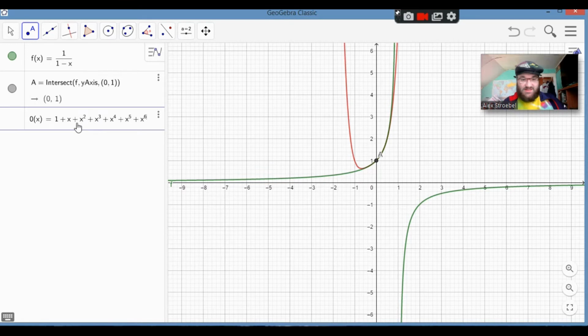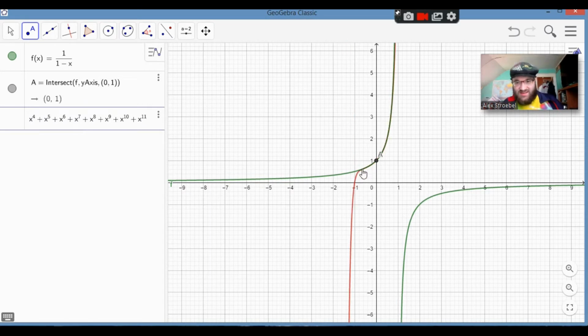5th, 6th, 7th. And you can see that it keeps getting closer and closer. 8, 9, 10, 11. X to the 11th.